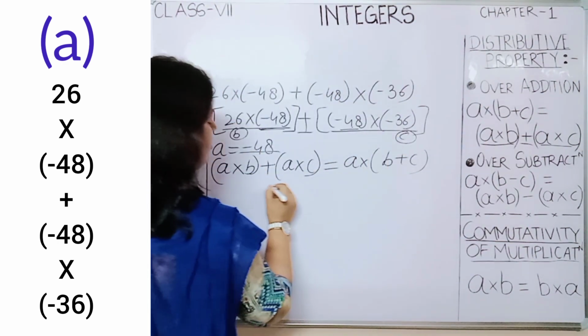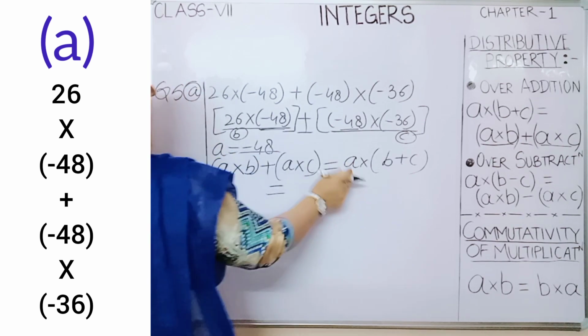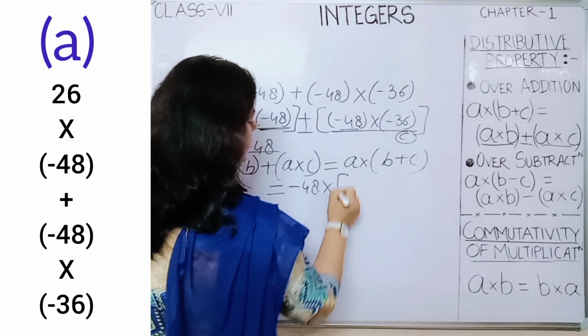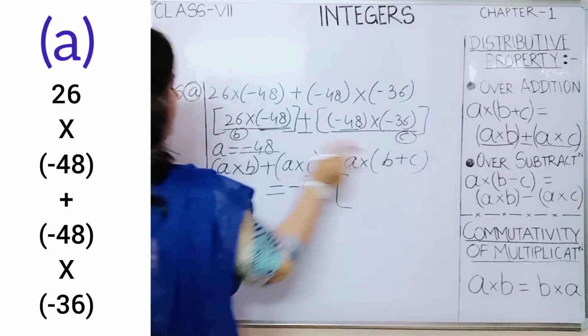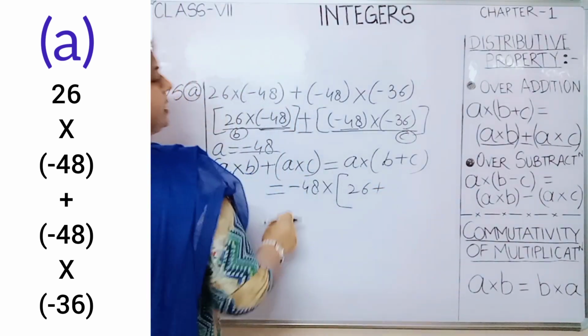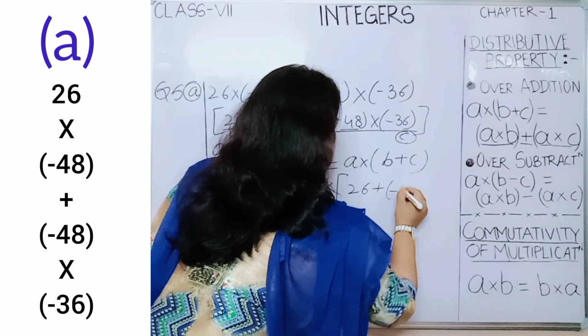Now substituting values. A is minus 48, B is 26 plus C is minus 36.